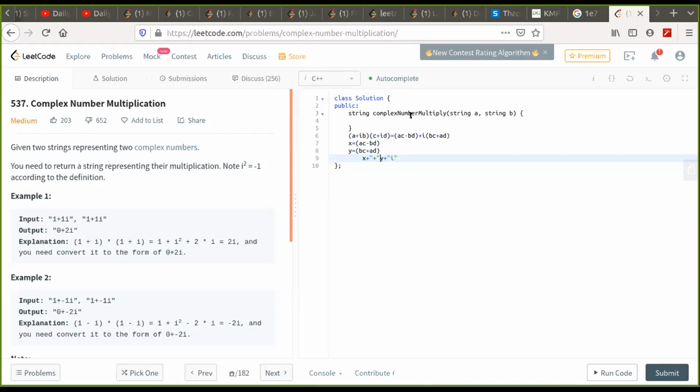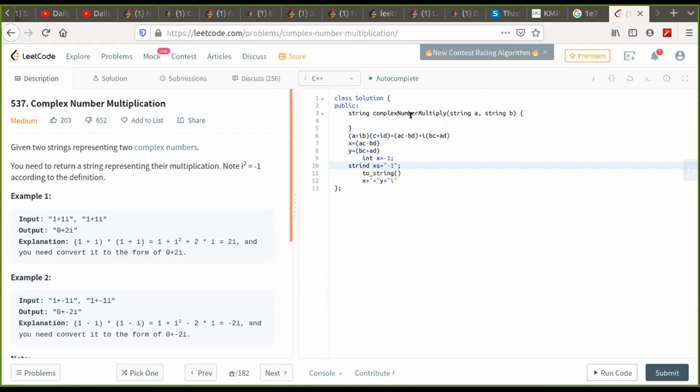I just have a quick question, like how you are handling the negative cases over here, like if there is a minus? I think if there is a minus in y, when we'll be converting it into a string with the to_string function in C++, if x is -1 as an int, it will return a string with x as -1 only.